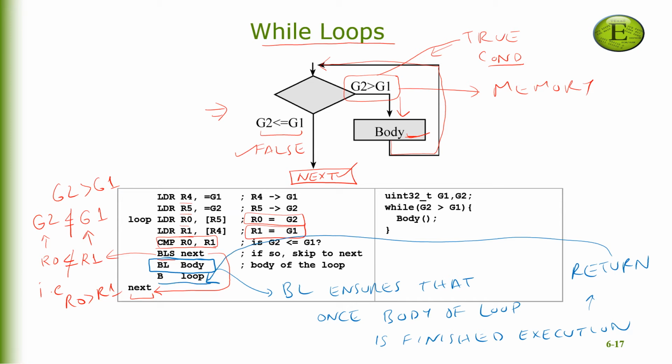We return. And once this instruction is executed, that is an unconditional branch. Simple B is, remember, unconditional branch.